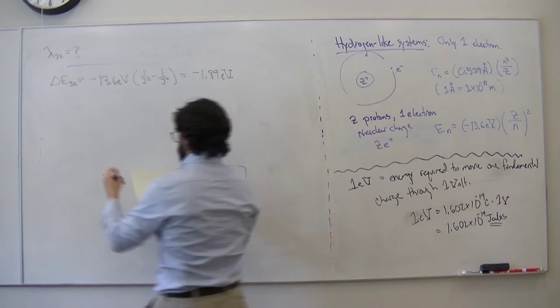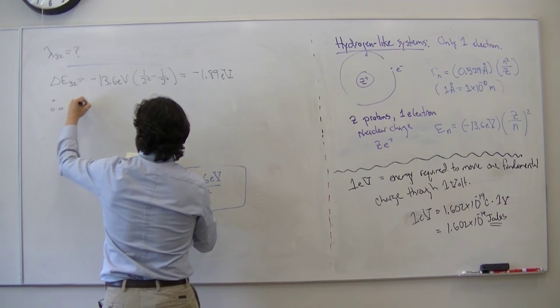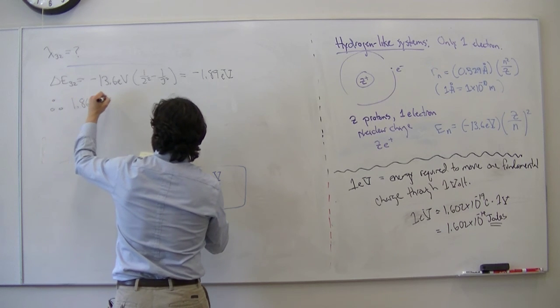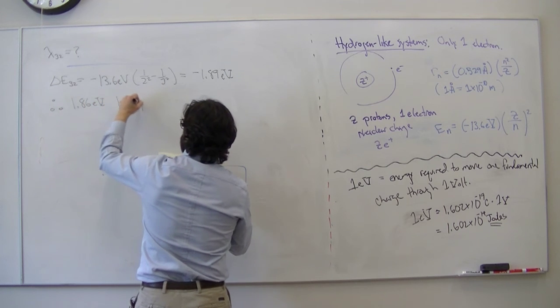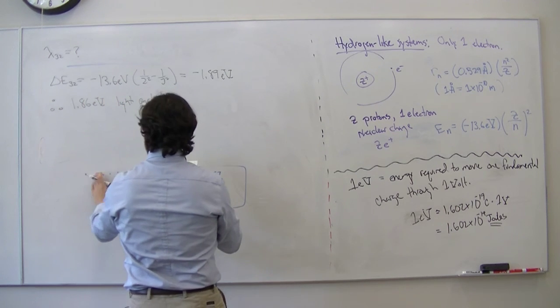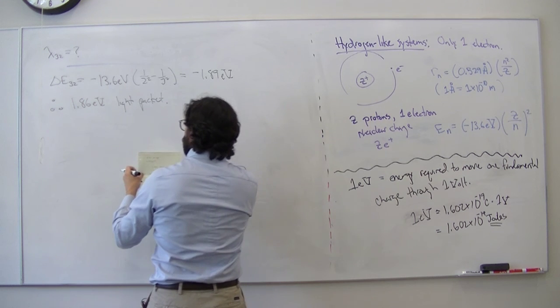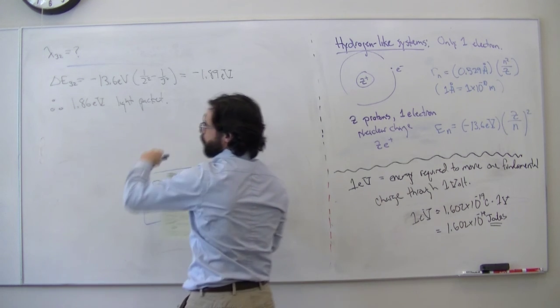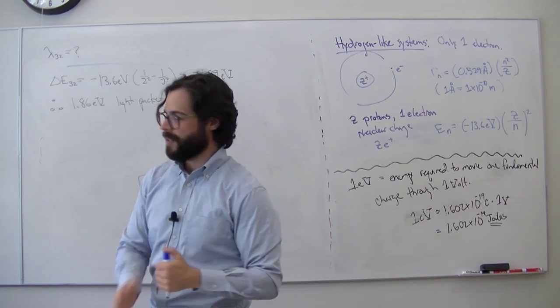So we have a 1.89 electron volt packet of light. That 1.89 electron volt packet of light would turn into something with a particular frequency. So this is the other half of the quantization hypothesis.